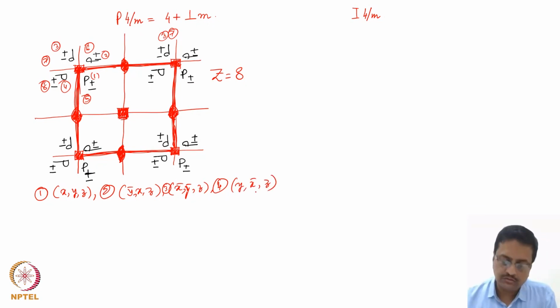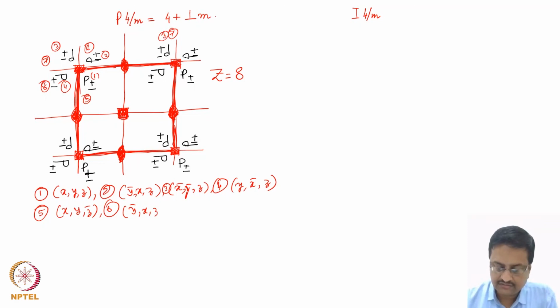So these are P4, and the corresponding bar M, that is mirror perpendicular to z, makes it x, y, z bar. 6 becomes y bar, x, z bar. 7 becomes x bar, y bar, z bar, and 8 is nothing but y, x bar, z bar.